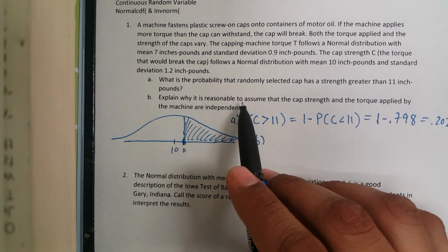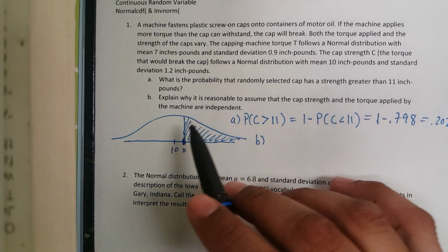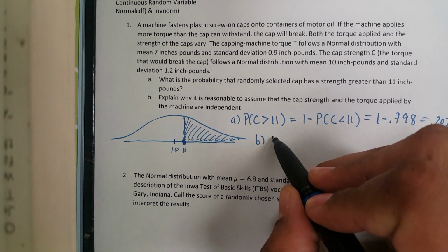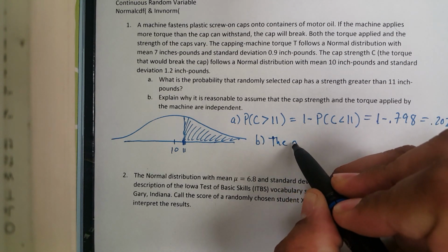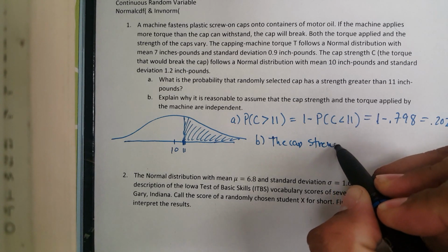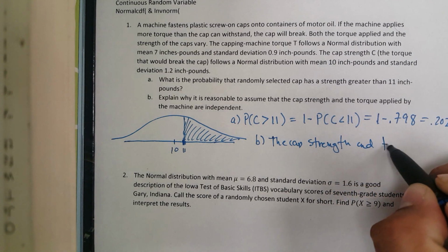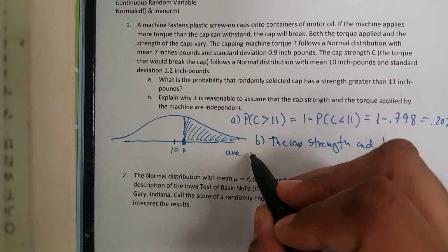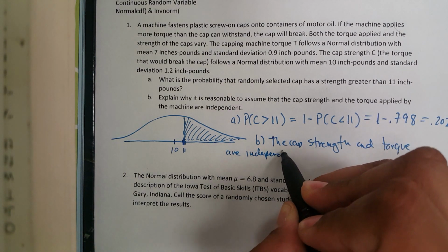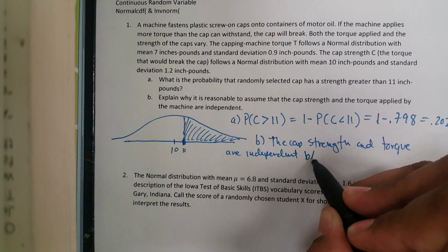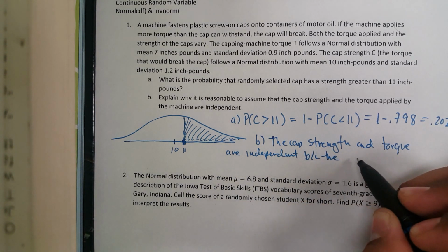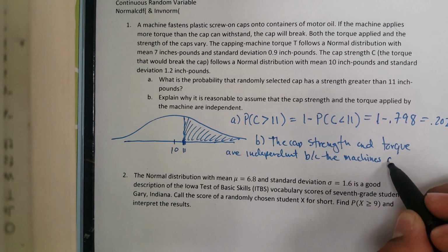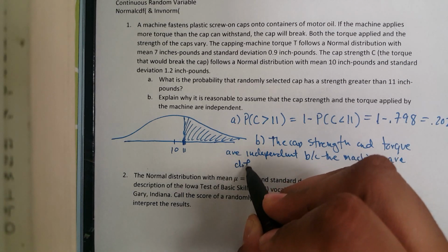So it says here, why is it reasonable to assume that the cap strength and the torque applied by the machine are independent? Because the cap strength and torque are independent because the machines are different.